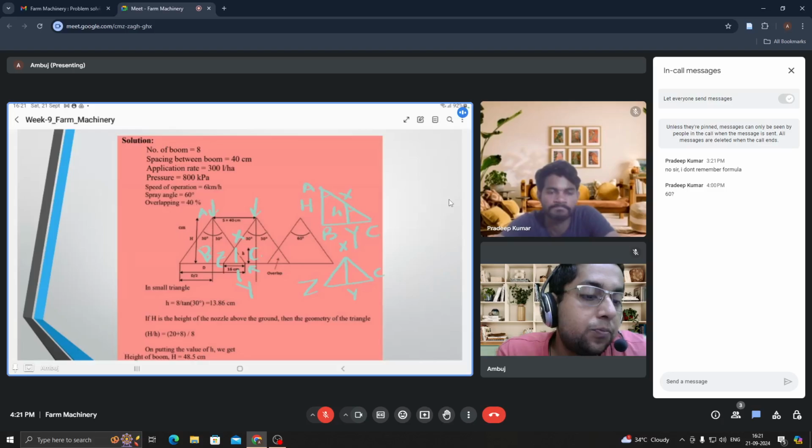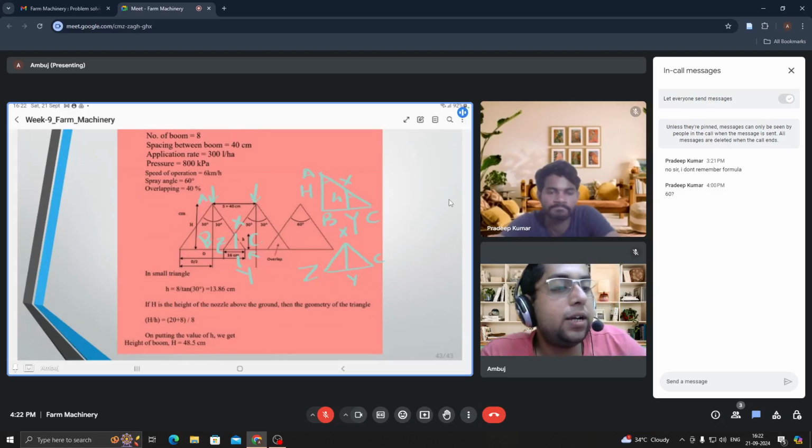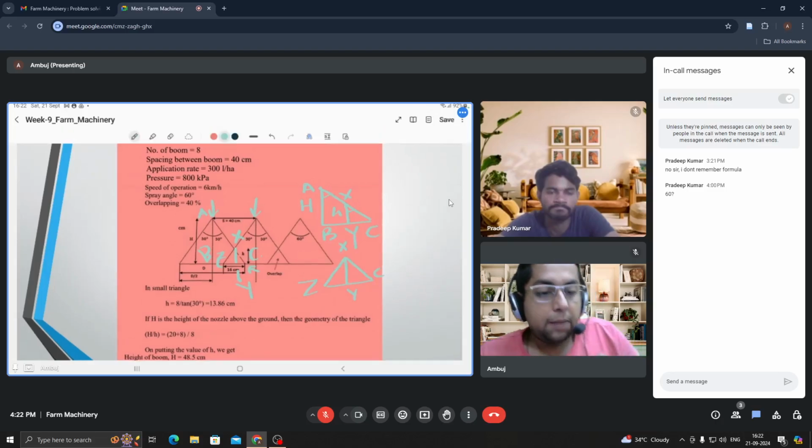Now that I know small h, using the similar triangle property, what will I write?